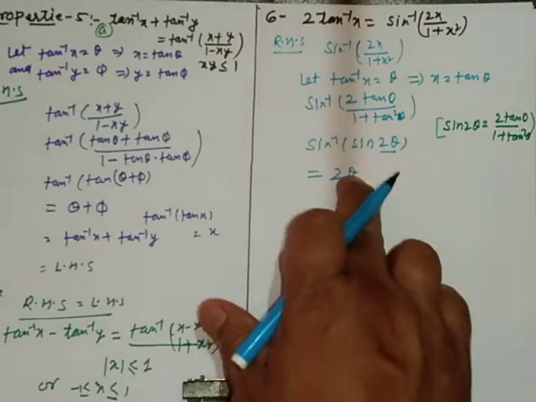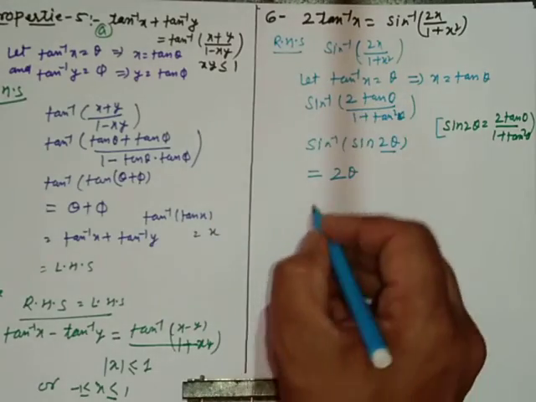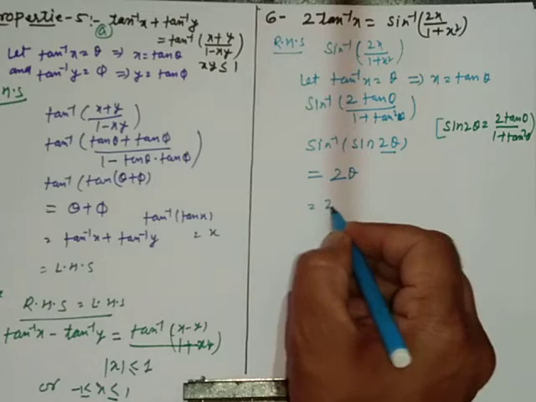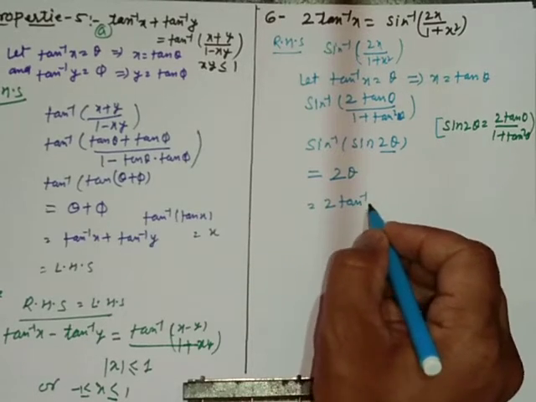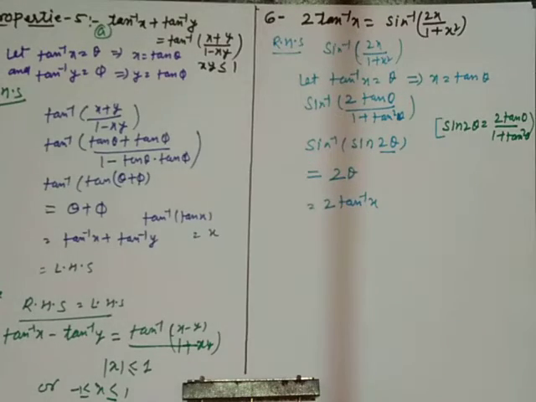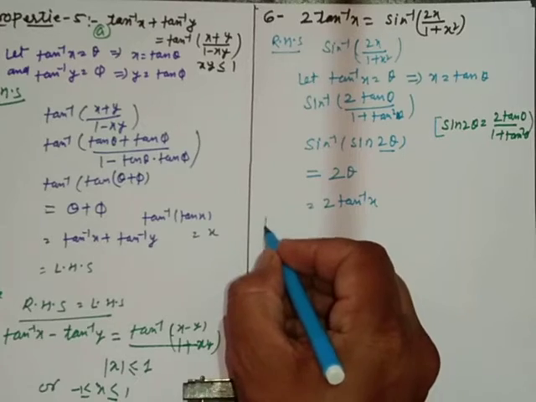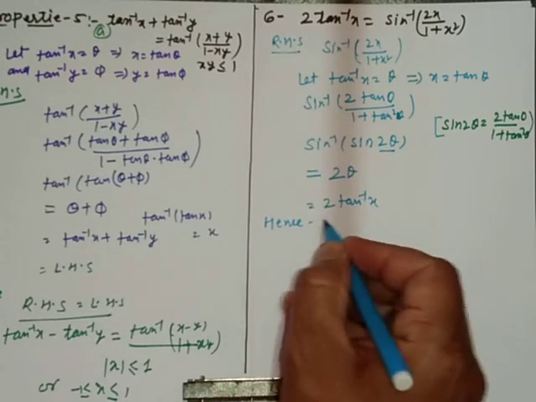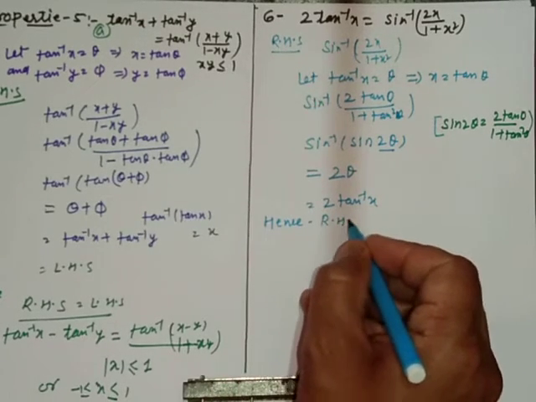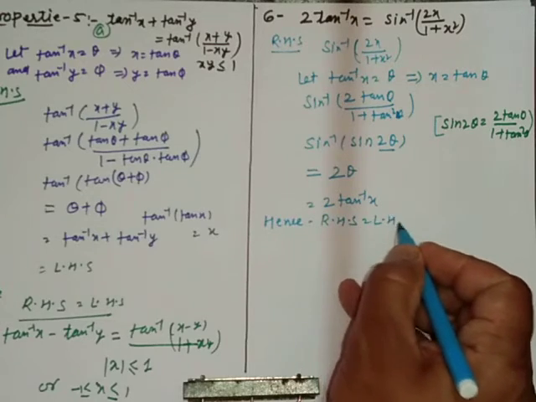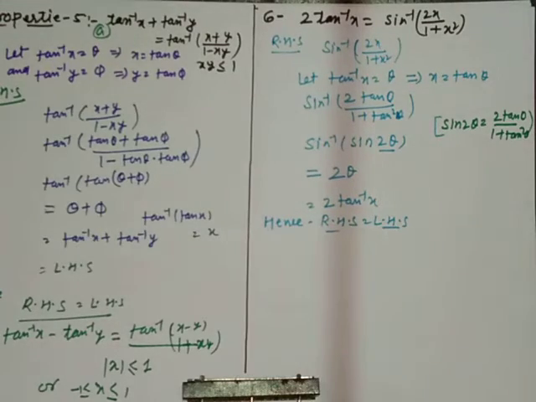So that is 2 theta. Clear? And you know that the value of theta is tan inverse x, so we can write it as 2 tan inverse x, which is actually the LHS. Hence RHS is equal to LHS. Clear?